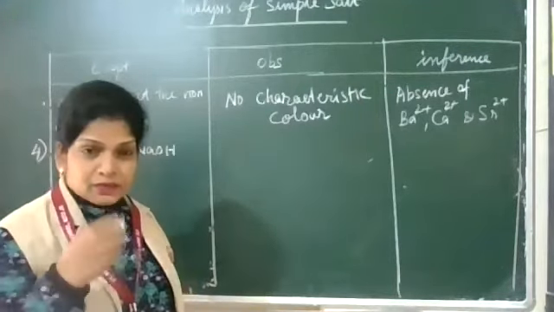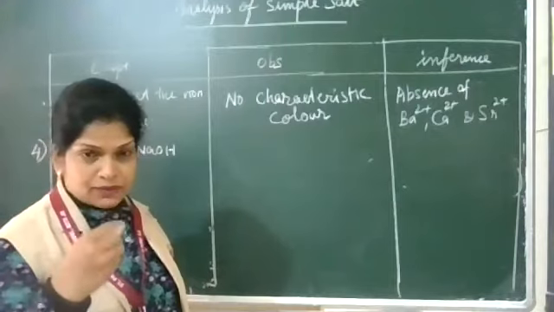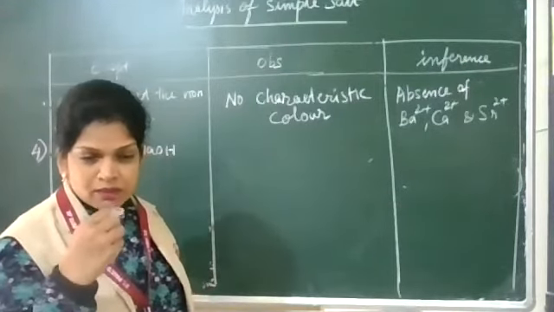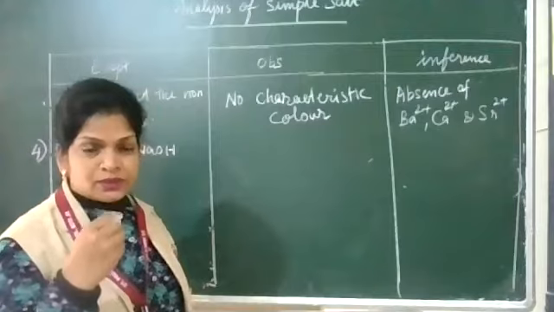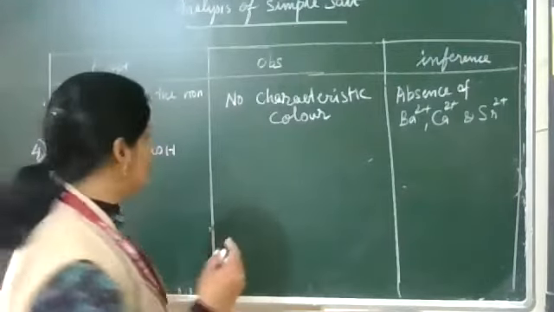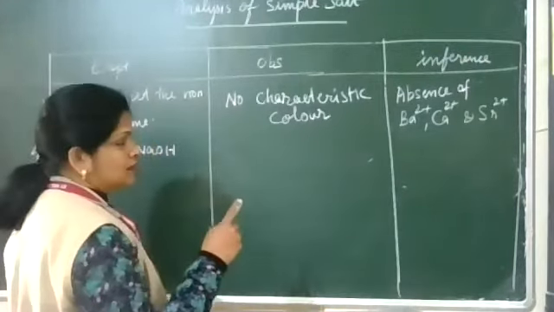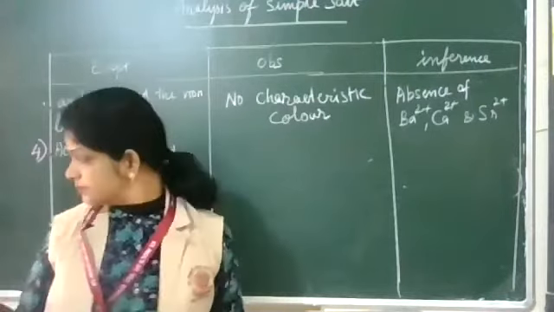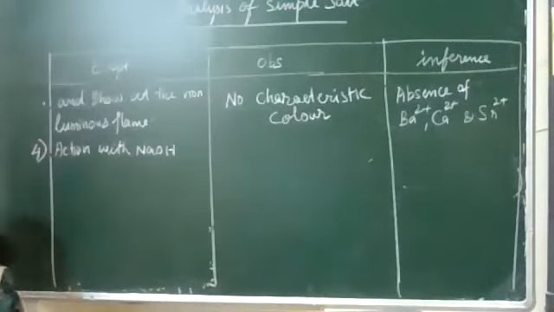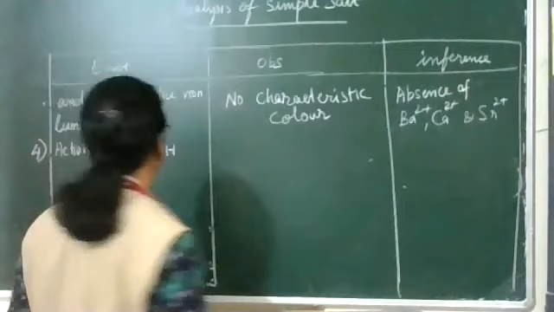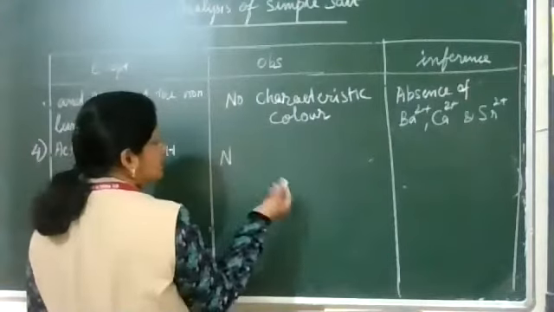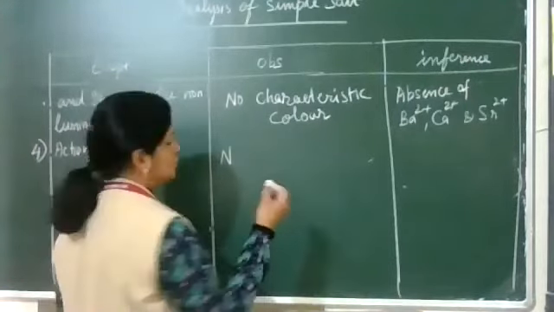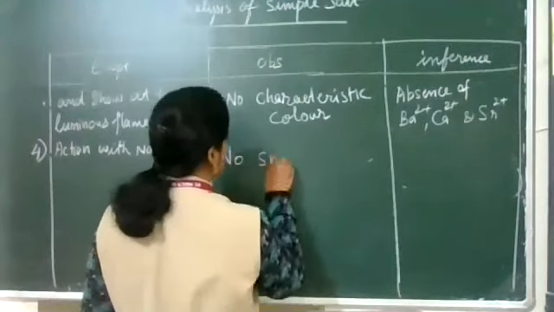If you smell the test tube, do not touch your nose to the mouth of the test tube, just bring it closer to your nose. If you get the smell of ammonia, that means your basic radical is NH4+. Here it is Ni2+, not NH4+, so I write no smell of ammonia.